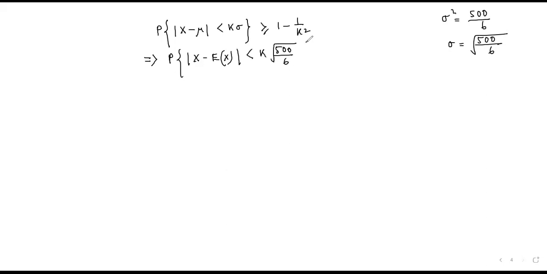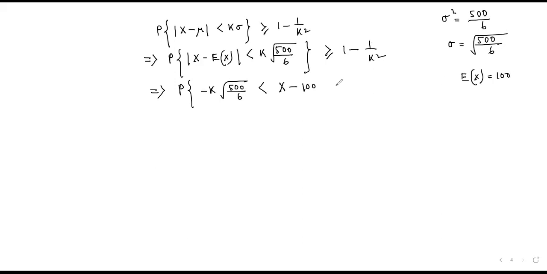This is nothing but minus k root over 500 by 6 less than x minus 100, because the expectation of x is 100, less than k root over 500 by 6, which should be greater than or equal to 1 minus 1 by k square.